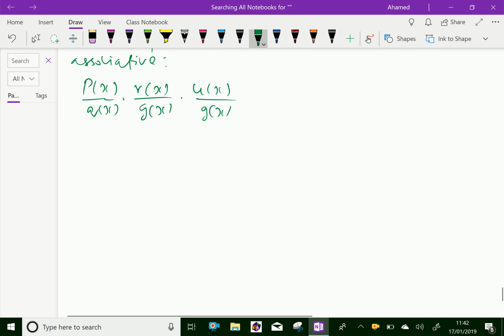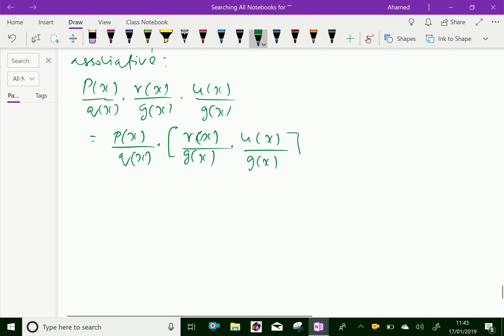It can be written as p of x over q of x multiplied with the multiplication of the second and third, that is r of x over g of x into u of x over g of x.